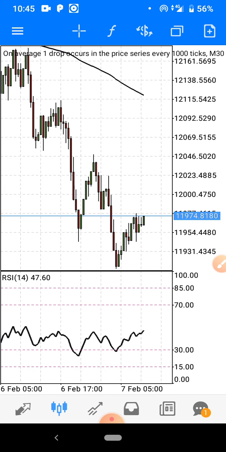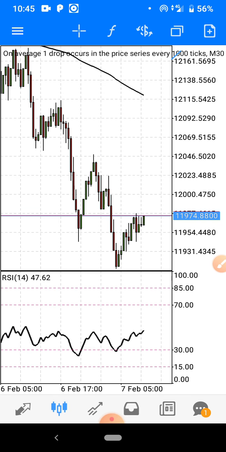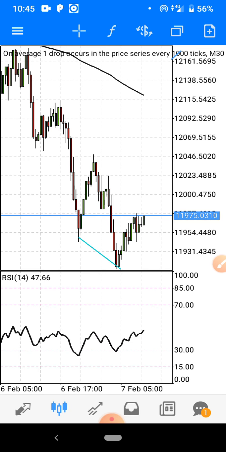Now, for this C1 chart, let me show us this. This is price making what? A lower low here. Now, look at the oscillator making what? A higher high. You get it now?